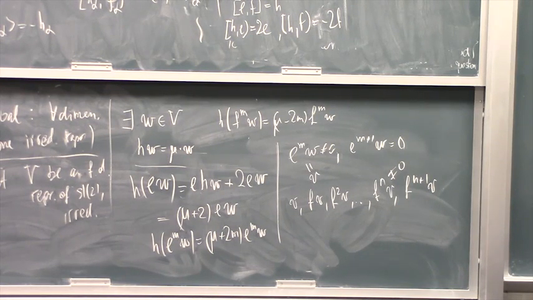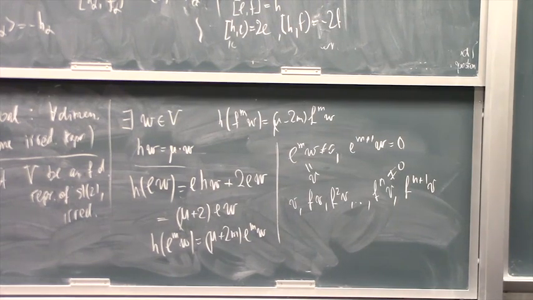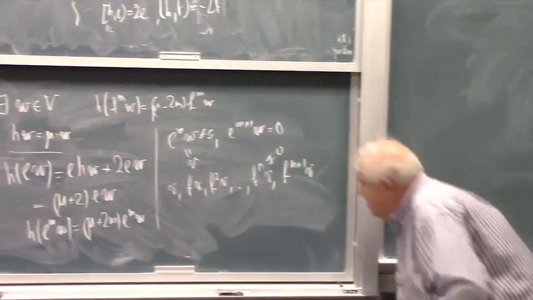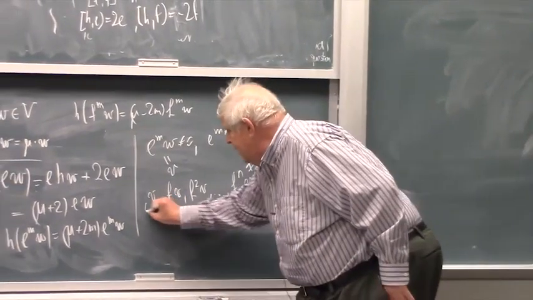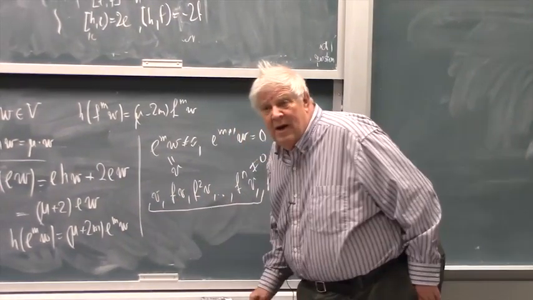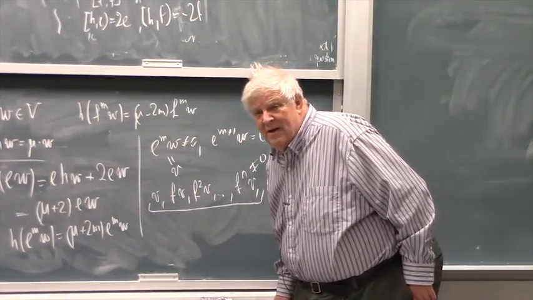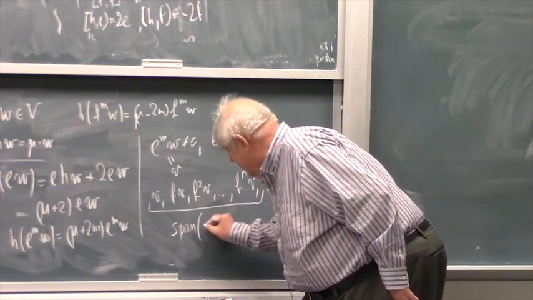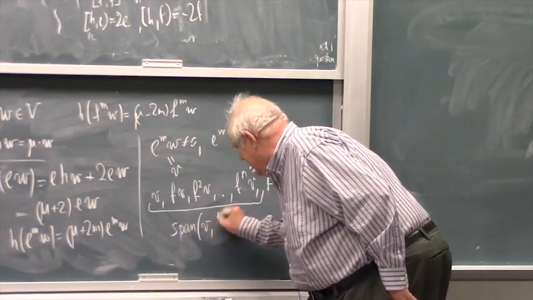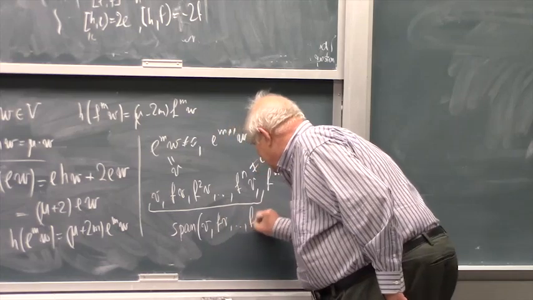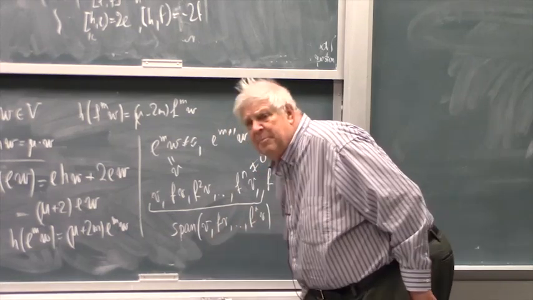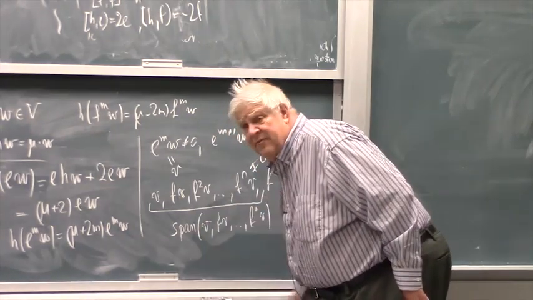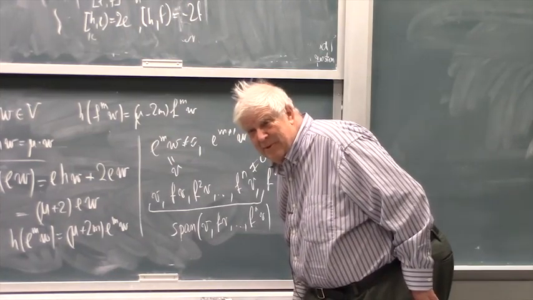So again, this sequence eventually becomes 0. So I have these n plus 1 elements of V. It is an n plus 1 dimensional space because all of them have different eigenvalues with respect to H.